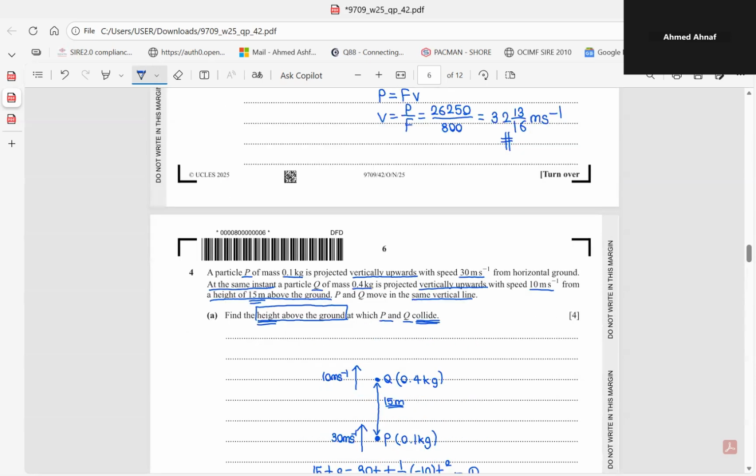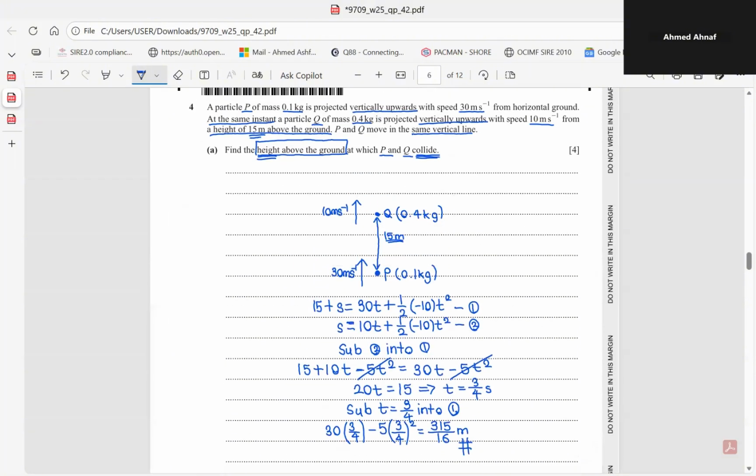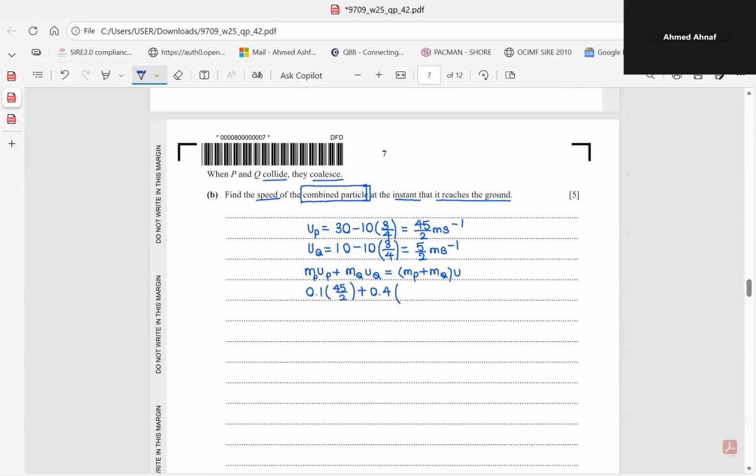Okay, so MP is 0.1, UP is 45/2, MQ is 0.4, and UQ is 5/2, which equals MP plus MQ, that is 0.5 U. So just multiply everything, divide by 0.5 on both sides.